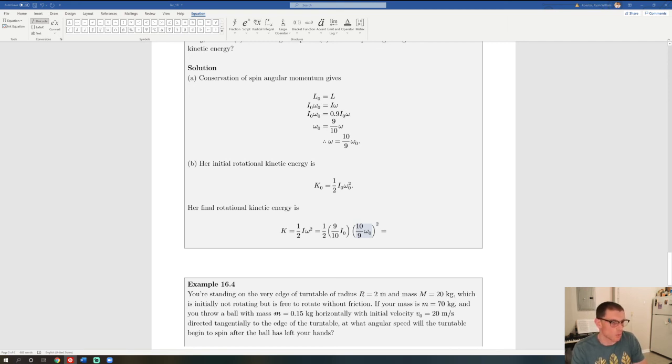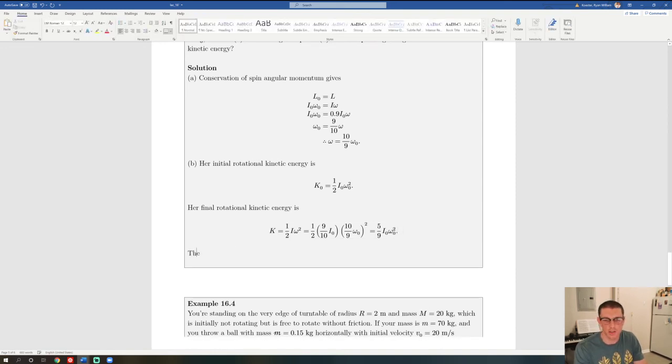So be aware of that if you're a Mathematica user. Anyway, this is going to work out to be 5/9 I naught omega naught squared.